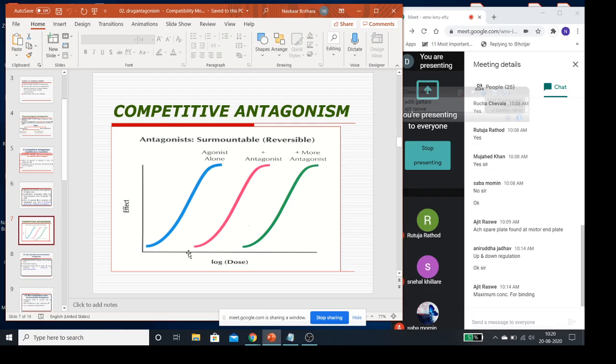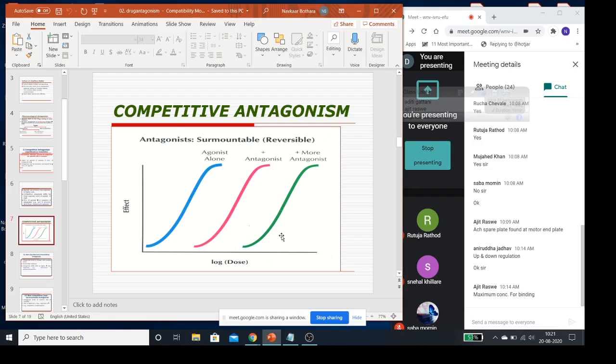It is somewhat constant for an antagonist, and this pA2 value is important in many cases. It gives an idea of how much antagonism it causes. So this pink line is antagonist, it has shifted, it has caused an increase in the dose of agonist. Then if we see the log dose on the x axis, it is the dose of only agonist.